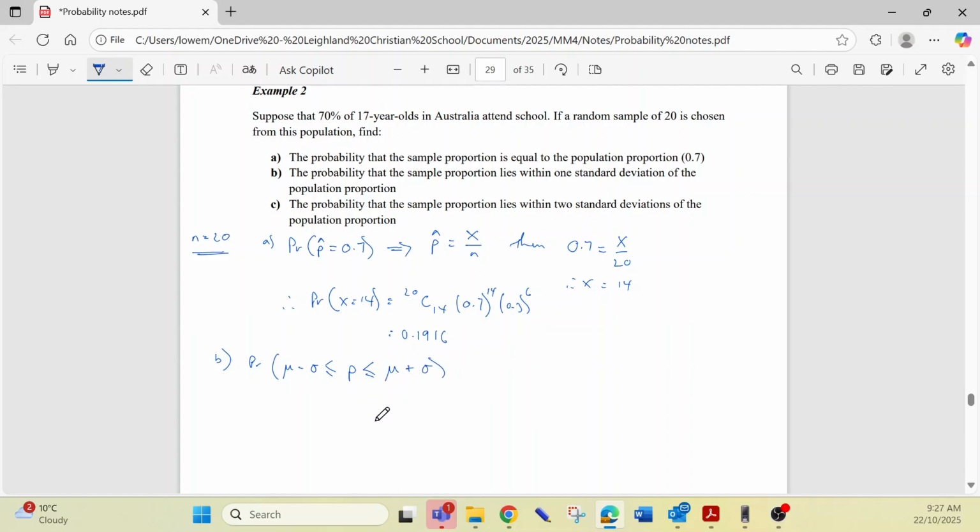That's what we're looking for, where mu is our mean, which is the expected value of the population proportion, which we've seen is going to be 0.7.